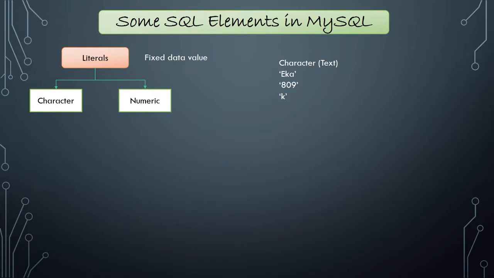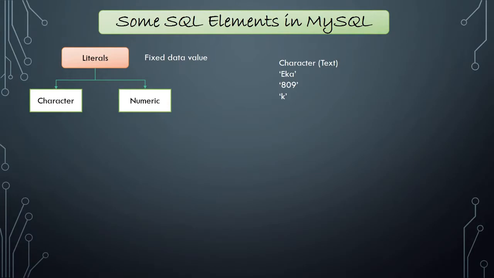Because these are in apostrophes. In SQL, while we are storing a character or text, they are inserted in apostrophes, and if we put apostrophes around numbers or numeric digits, then it becomes a string. It no longer remains a numeric value, it becomes a string literal or text literal.